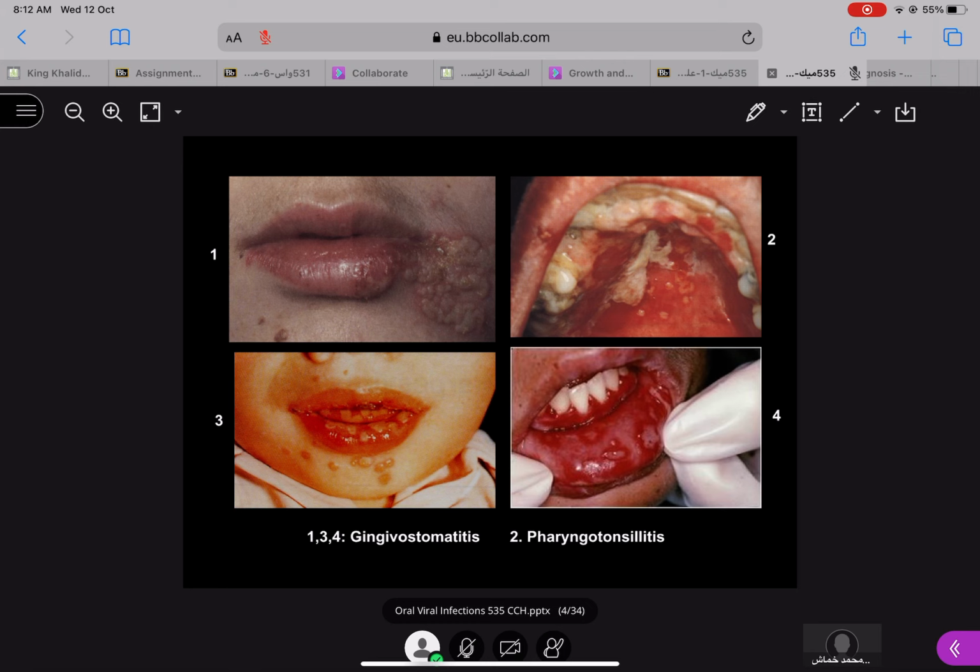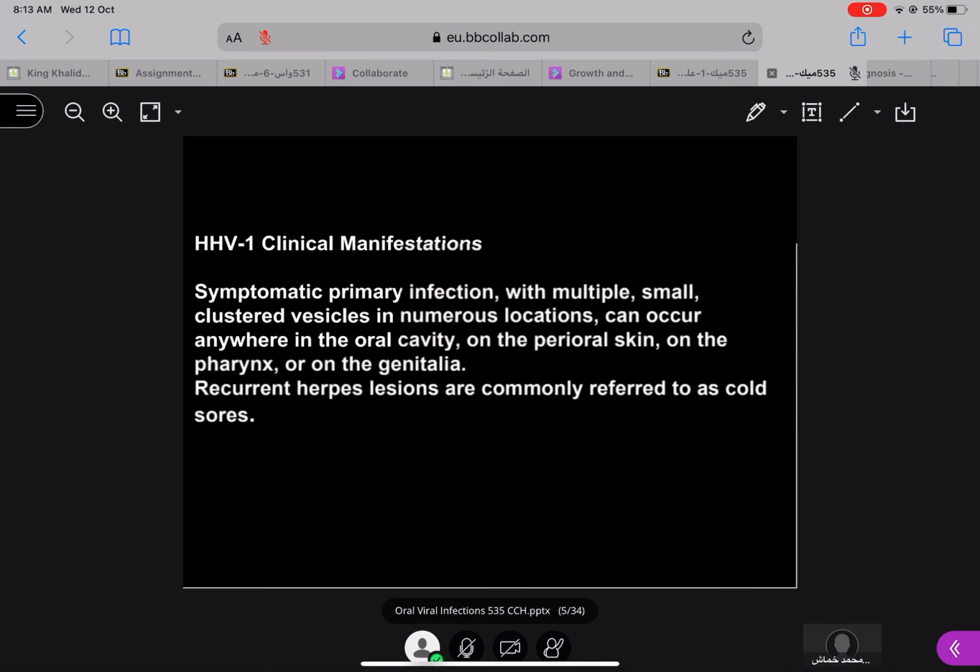If you look at this picture, you will see different manifestations of oral infection. We have gingivitis and pharyngeal tonsillitis. As you see here, these lesions are quite often seen in clinic, which show you oral viral infection.